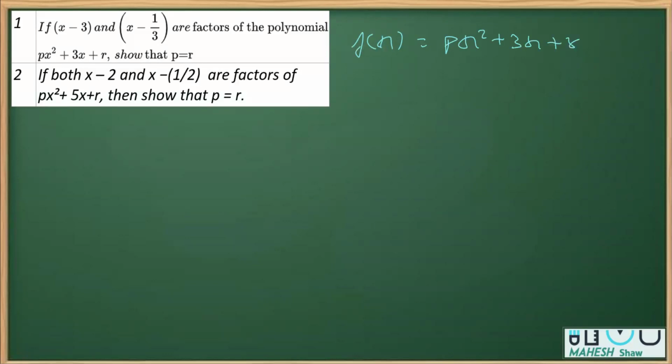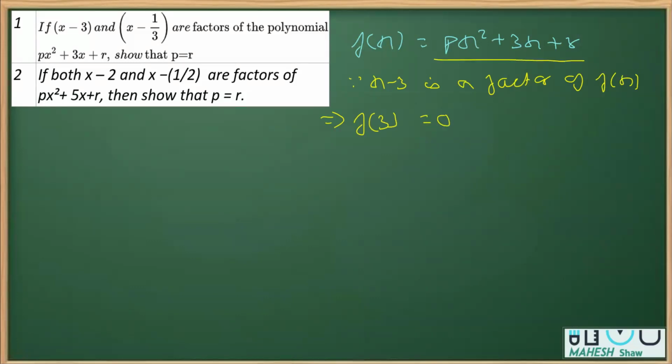Now what you can see is that since x minus 3 is a factor of this f(x), this implies that f(3) is equal to 0. The zero of this, x minus 3 equated with 0, is 3. That means we are going to replace wherever there is x with 3 and equate it with 0.